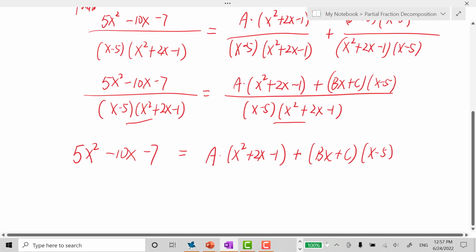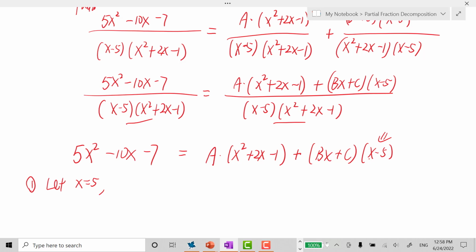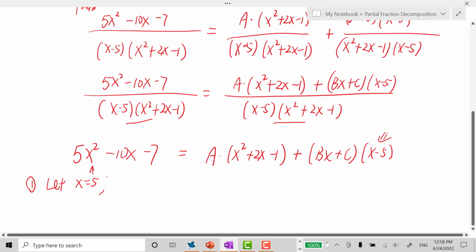If you observe this, when x equals 5, this term basically becomes 0, and that means we only end up with the variable a. So plug in the 5 here and the rest of them.